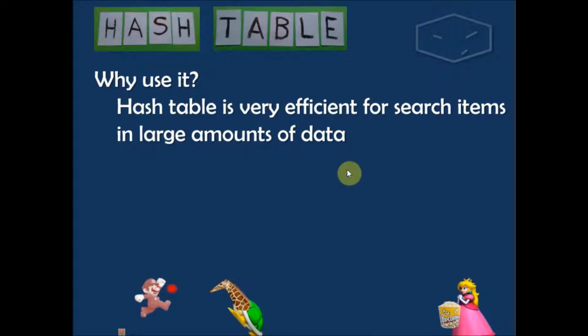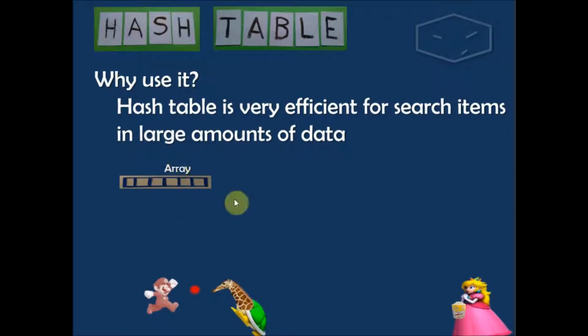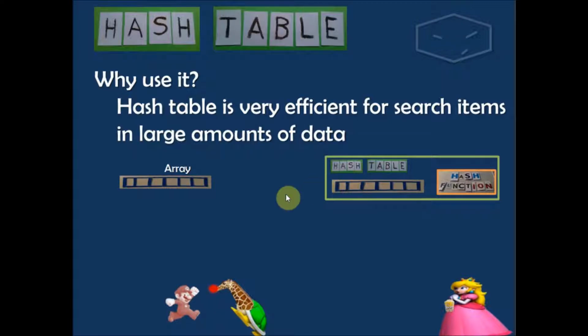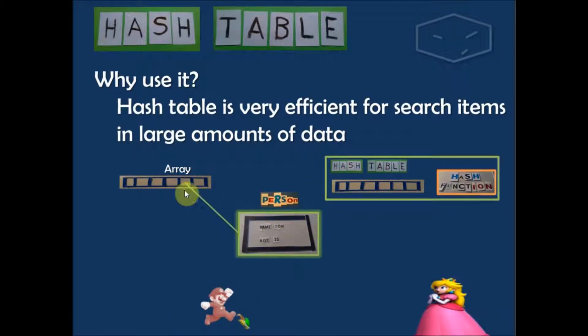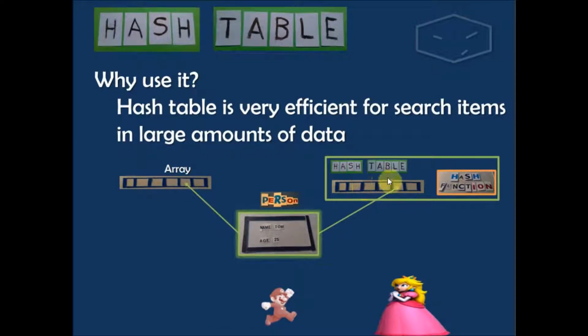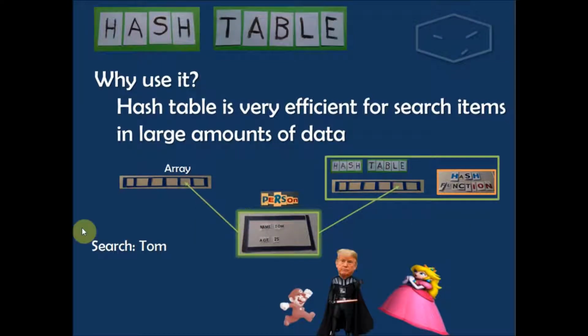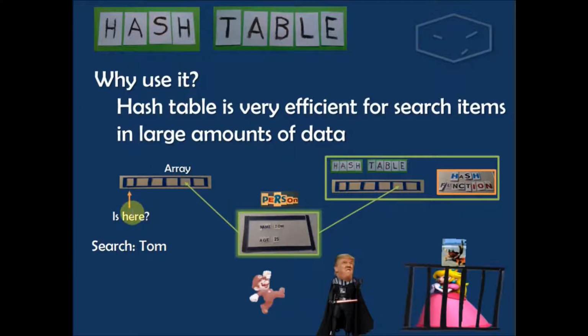So let's see this. We have an array and we have a hash table. Also we have a person that is at index 4 in the array, the same thing for the hash table, and now we want to search for Tom. In an array we go to the first position and ask, is Tom here?